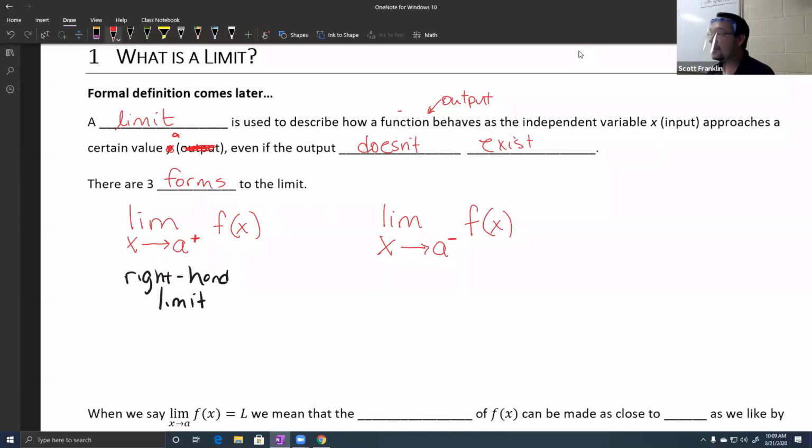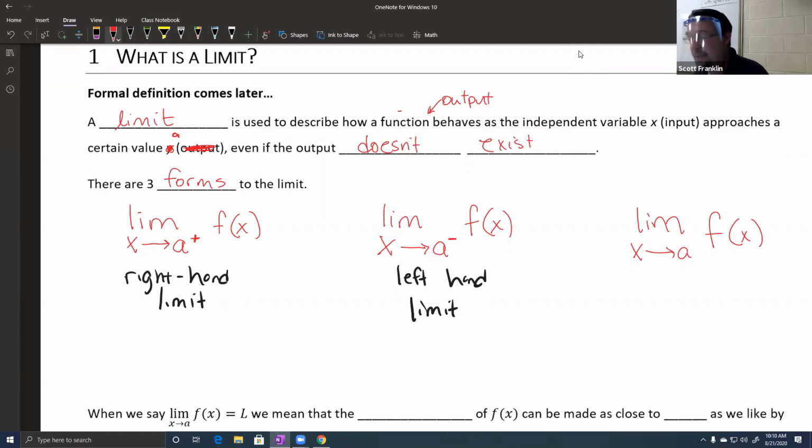And I'll describe what this means in just a second, but we're going to call that a left-hand limit. And then the final form will have no plus or minus. So the limit as x goes to a of just f of x. And that's just called the limit. So we've got a right-hand limit, a left-hand limit, and just, maybe I'll write it, the limit.